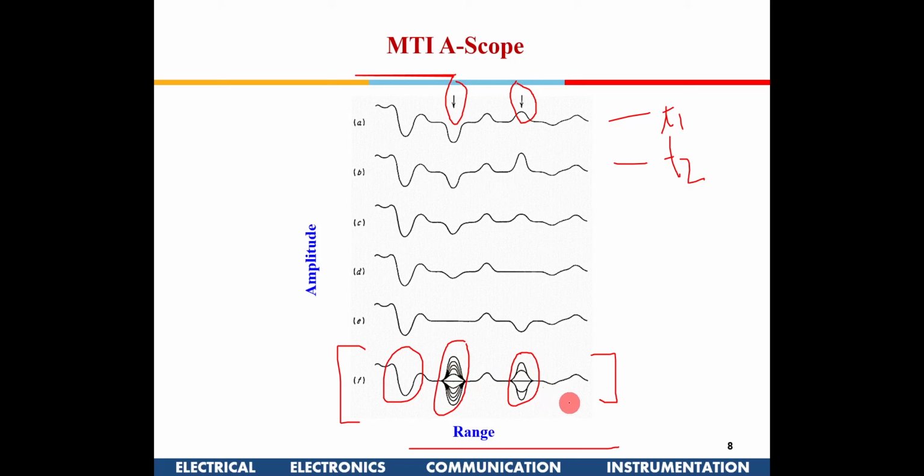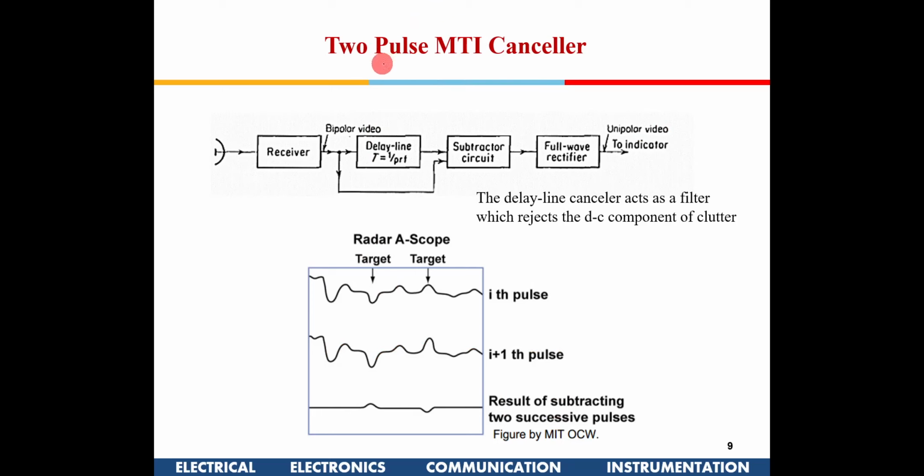Again, to make this even easier to interpret, we can have MTI cancellers. Let's first see how a two pulse canceller works. I have a received signal, and a delay line which delays the signal by time T, which is 1 by PRF, the pulse repetition frequency.